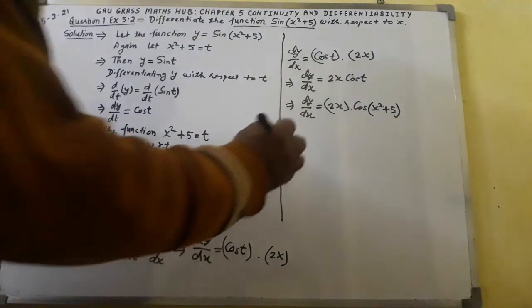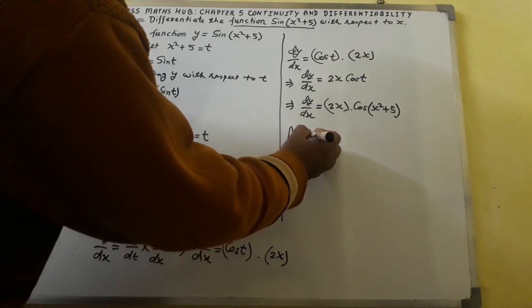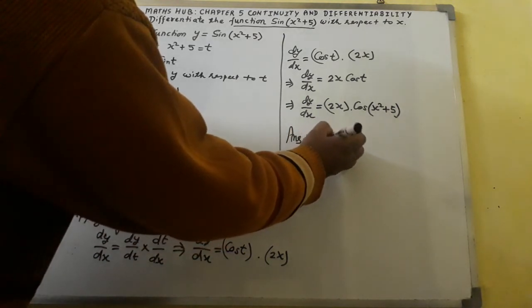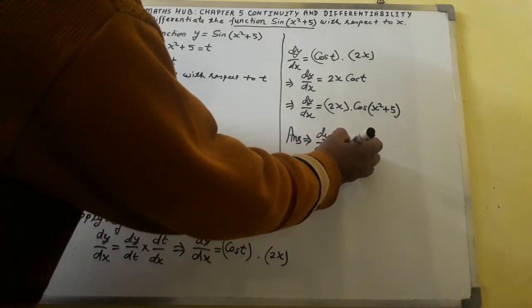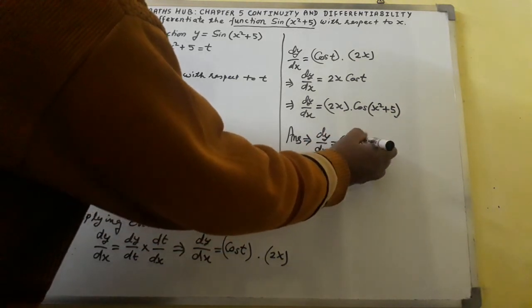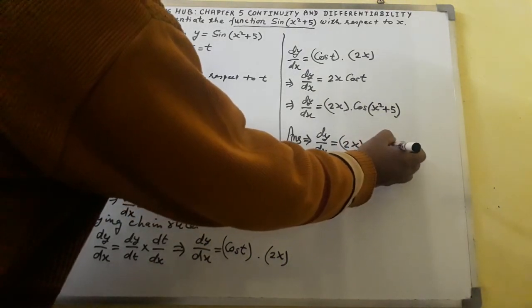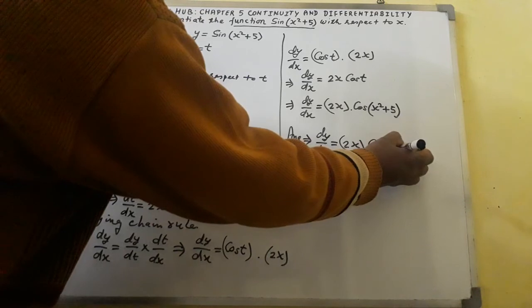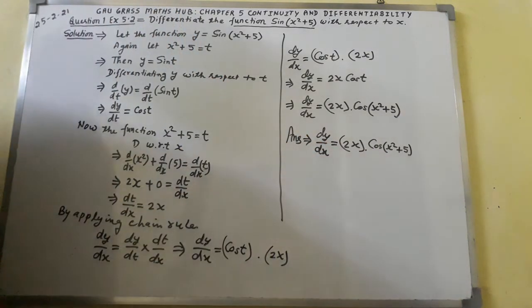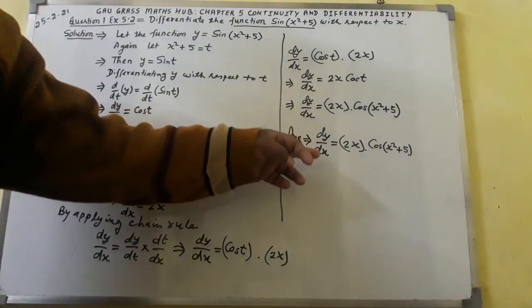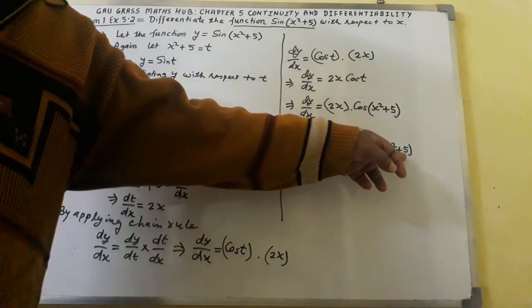The answer will be dy over dx equal to 2x dot cos in bracket x square plus 5.